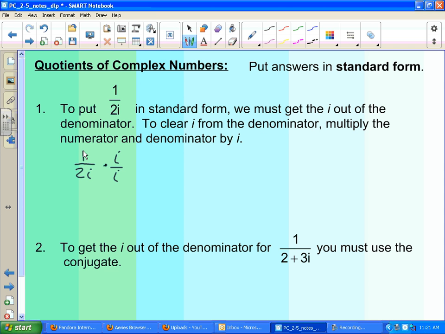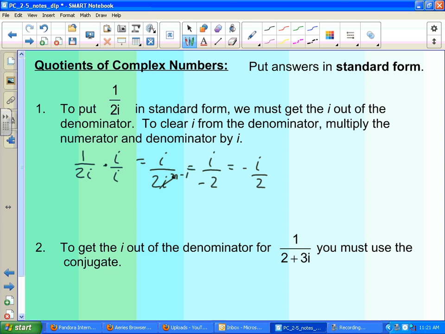The a part is a 0 right now. And so if I don't have the a plus bi form, I don't need to think about a conjugate. I can just simply make i's become i squareds, and then this becomes i over 2i squared, which is negative i over 2. No more i's in the denominator. It's okay that they hang out in the numerator. They're legal there. So we would be good.